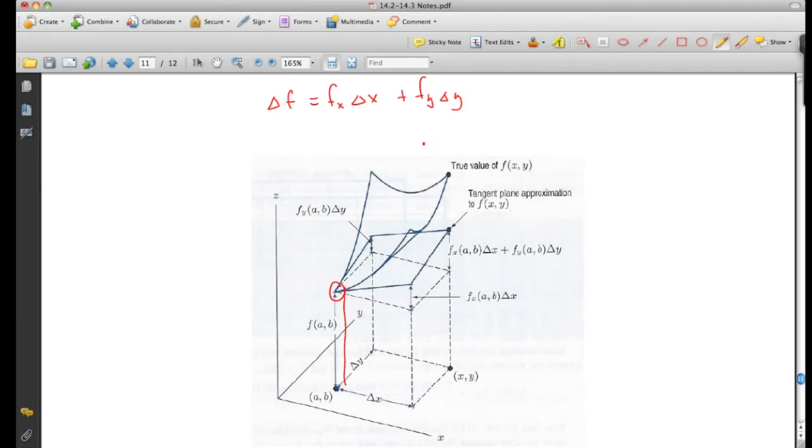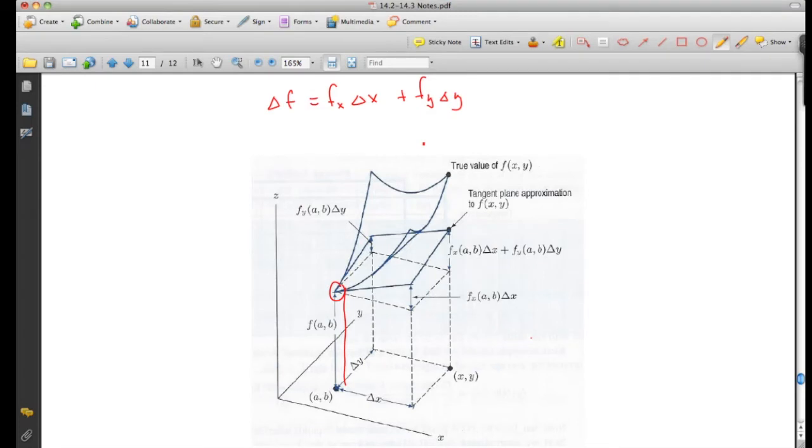We got the actual value of the function on the surface and then the approximation on the plane, and those two things are really close together. And then if we were to go out here to, let's say this is the point 0,4, we come up here, we hit the point that's on the plane, here's the actual value of the function. Those two things get further apart as you move away from that point of tangency.